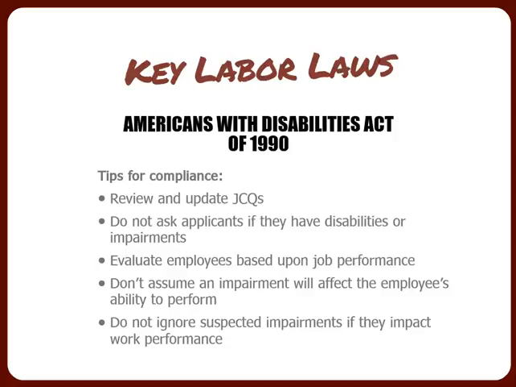So when evaluating an employee's performance, you might want to discuss with the employee why the performance is not meeting standards. If they share with you the fact that they have a disability, that's when you engage in the interactive process and try to figure out a way of providing reasonable accommodation to this employee.